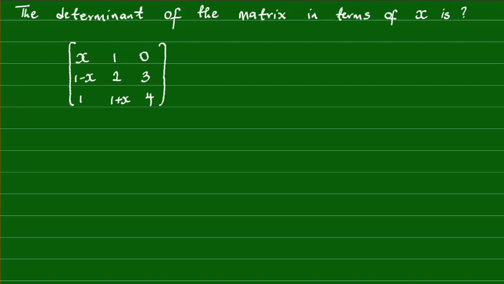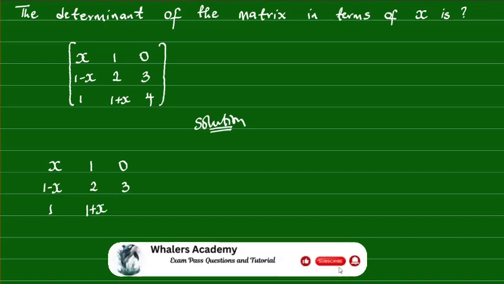Quickly, we dive into this by writing solution. Next, we copy out the elements of our matrix. We have x, 1, 0, 1 minus x, 2, 3, 1, 1 plus x, 4.